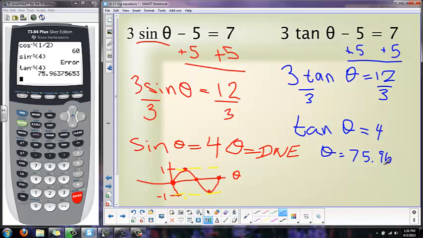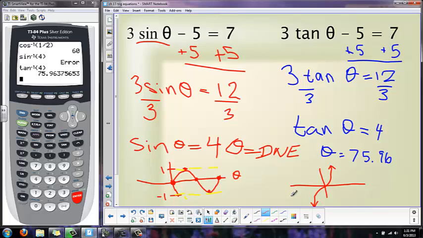Now, why on earth did that work? Well, the reason why, if you had sine theta is equal to 4 or cosine theta is equal to 4, the reason why that doesn't exist is because it lives between positive 1 and negative 1. If I went down here and I graphed out what tangent looks like, you remember how tangent flows along those asymptotes and it actually goes off into positive infinity that way, and it goes down to negative infinity this way.